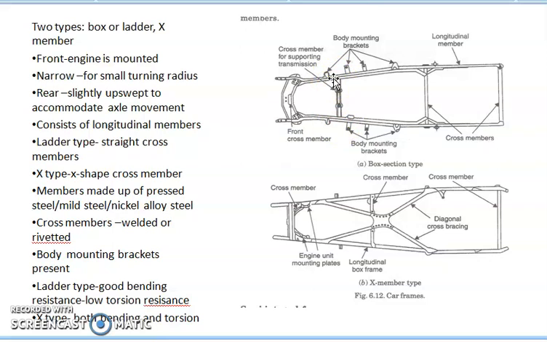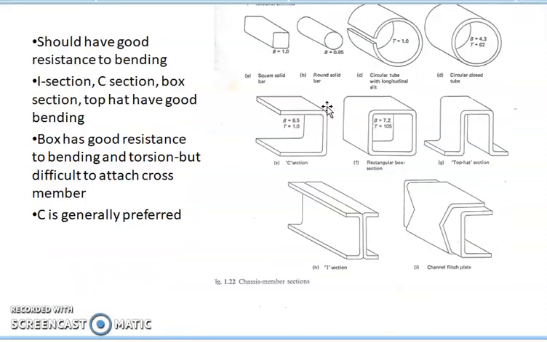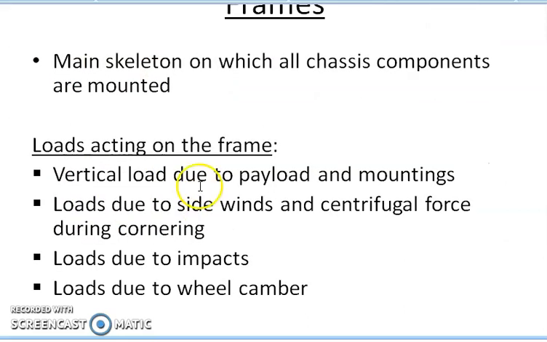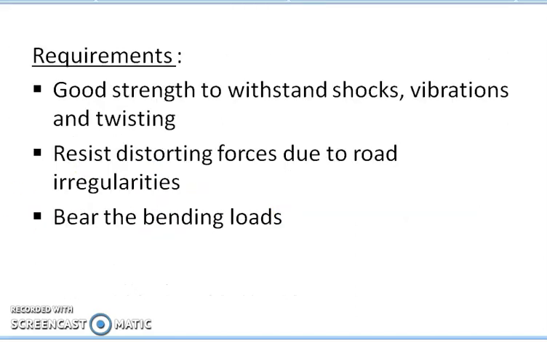So with this we have finished a small discussion on frames. We have seen what frames are: the main skeleton on which the components are mounted. We discussed the various loads acting on the frame, and then the requirements of a good frame.